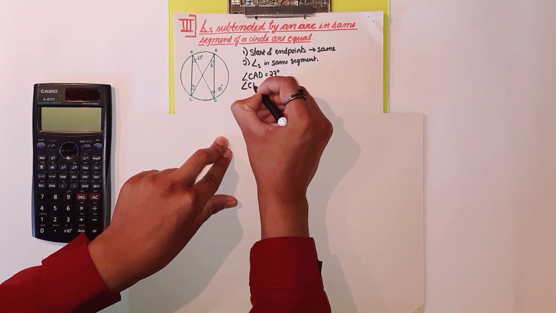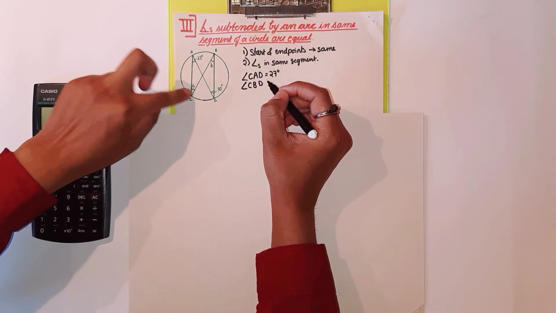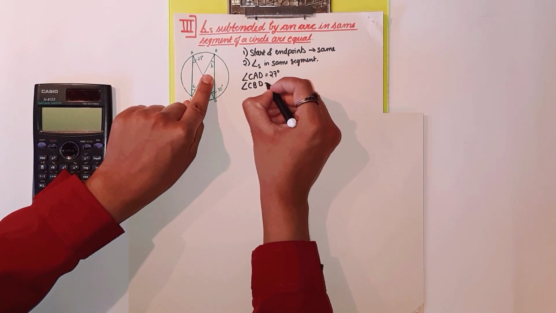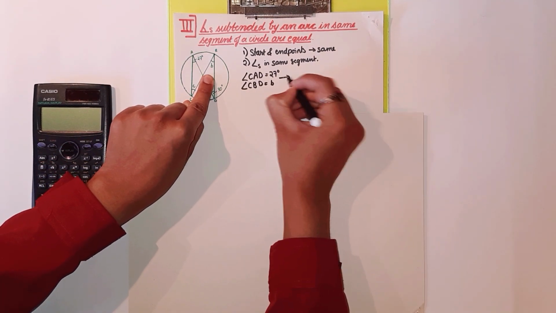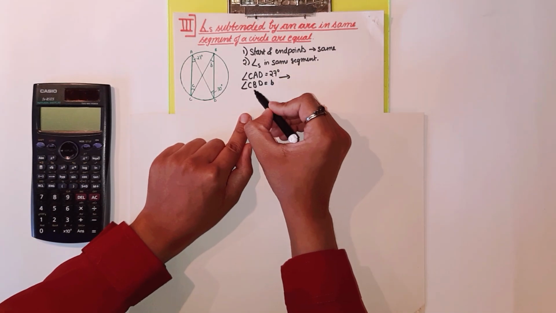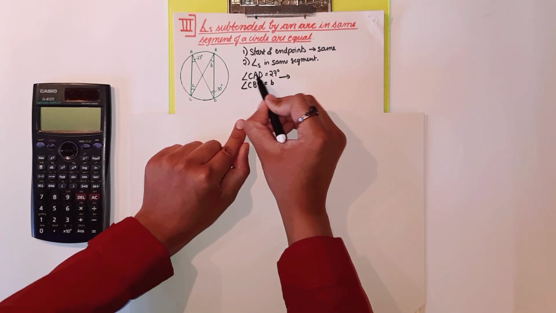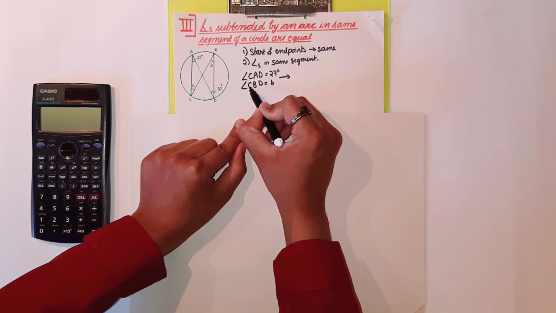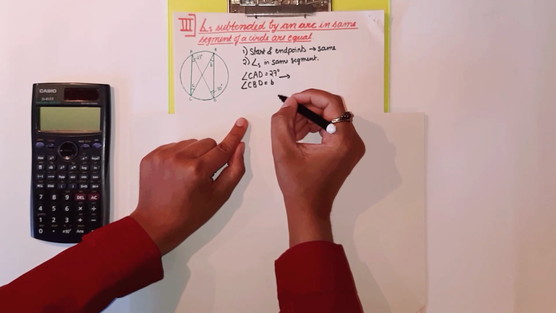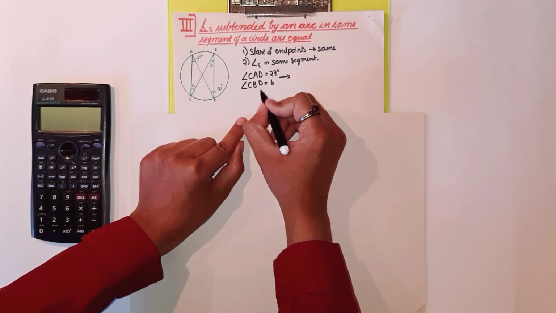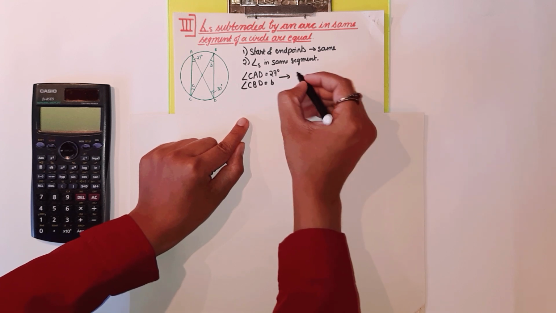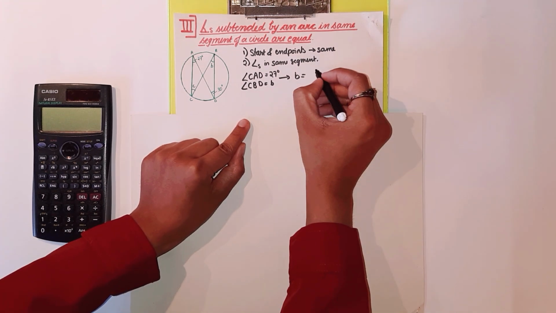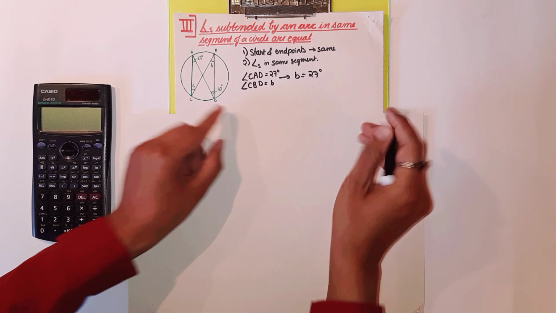Then angle C, B, and D is the one that we're looking for, and that is in this case B. Now notice that both of these angles have the same starting and end points, which is C and D over here as well, right? And because of that, they are equal. So that's quite easy. B is 27 degrees, right?